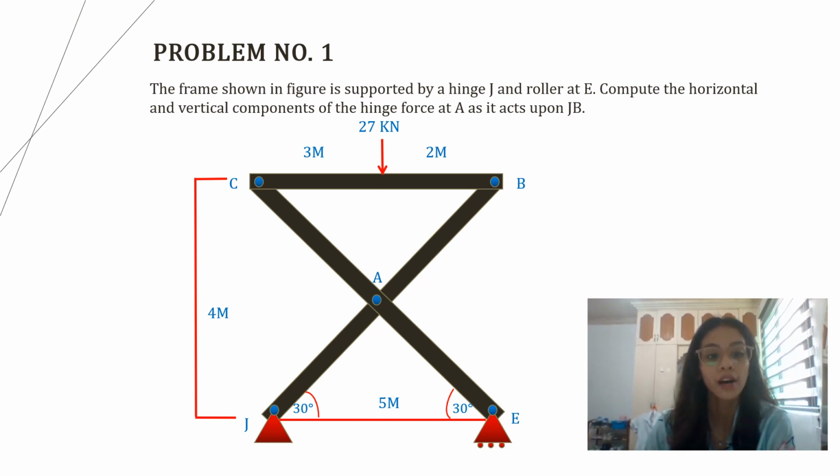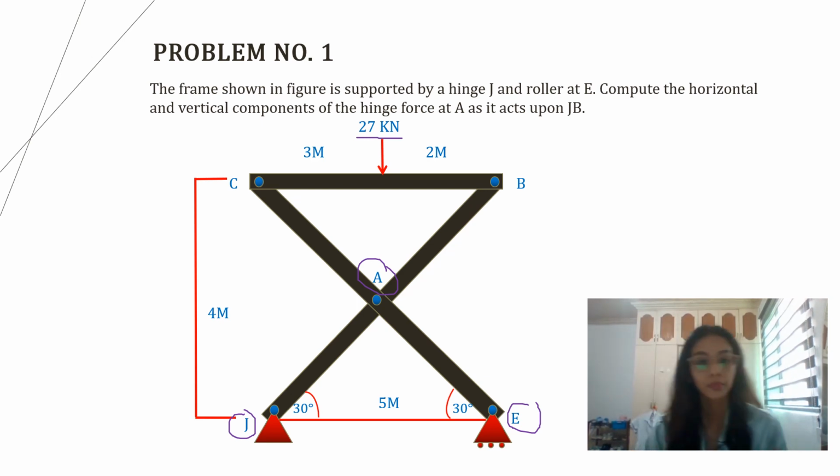So we have here a force of 27 kN pointing downwards, at our point J with a distance of 5 m to point E, and our point A, since it has a hinge force at A, we have to divide it into 2.